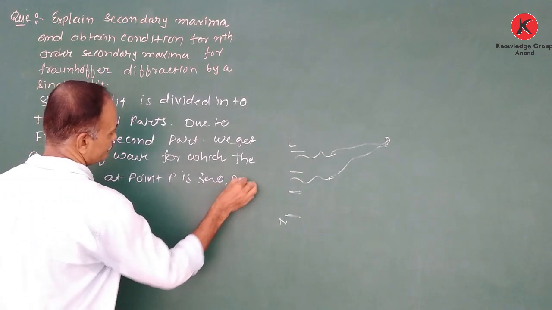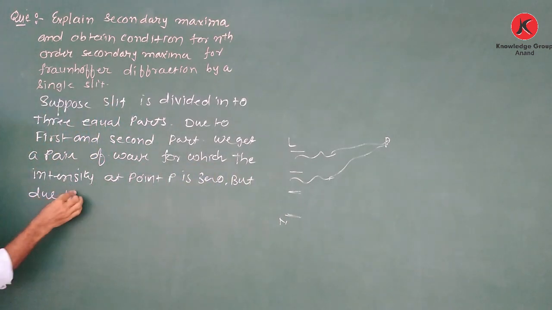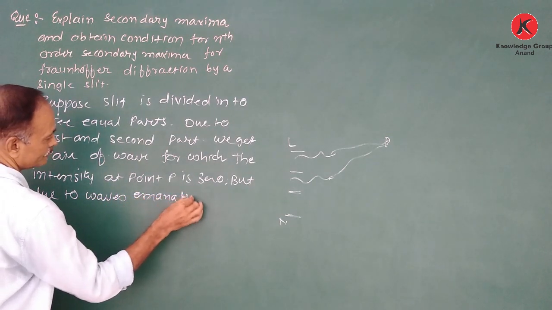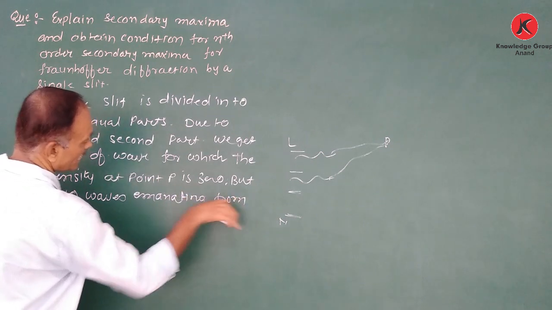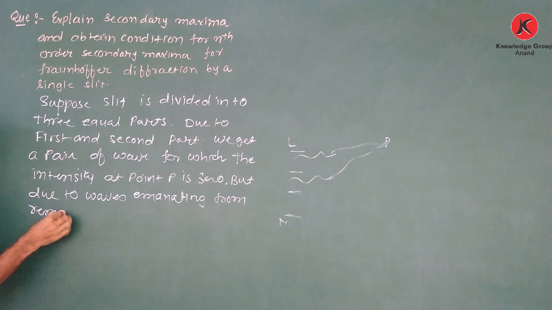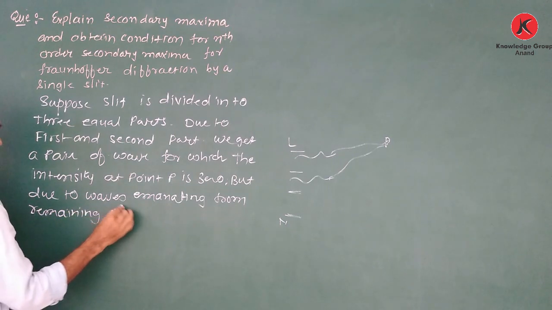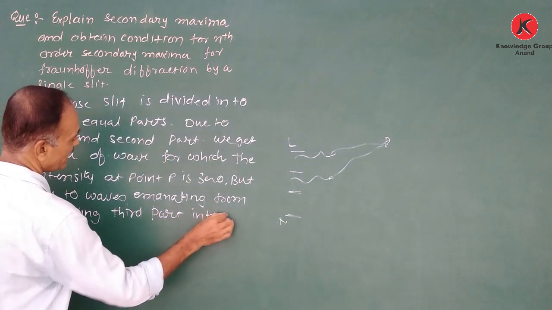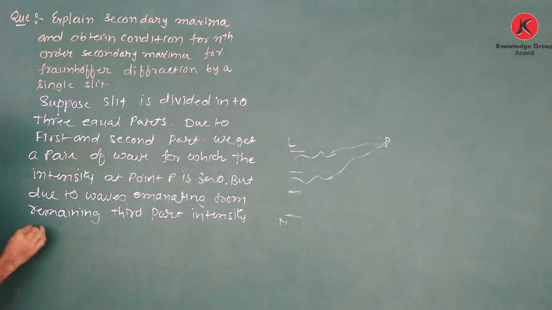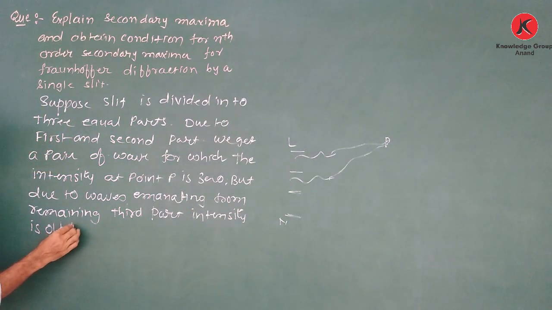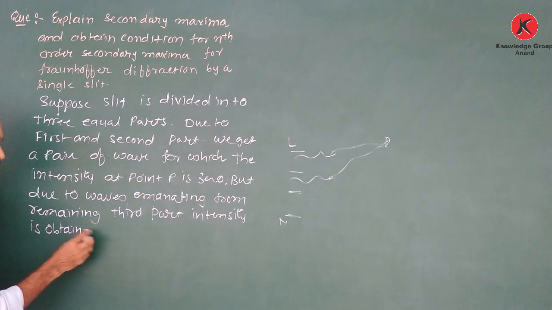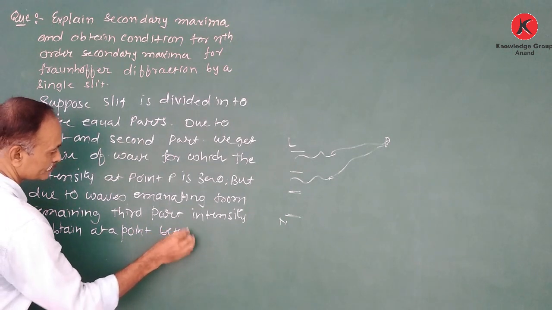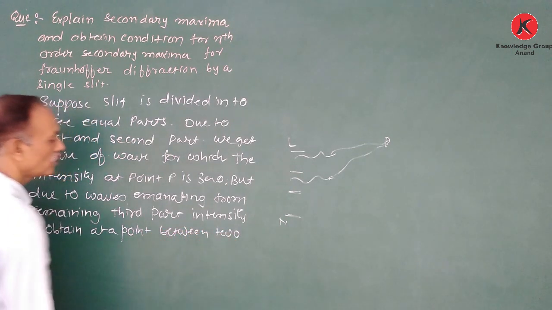But due to the waves emanating from the remaining third part, intensity is obtained at a point between two minima.